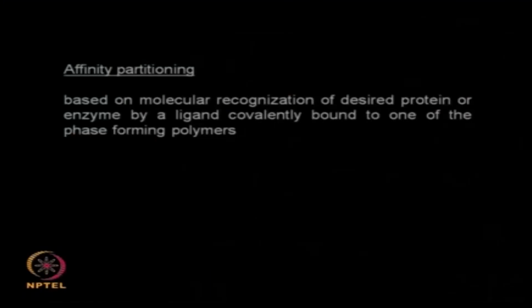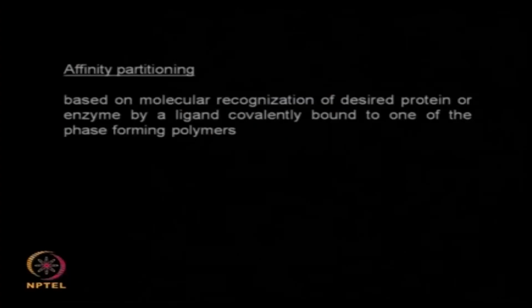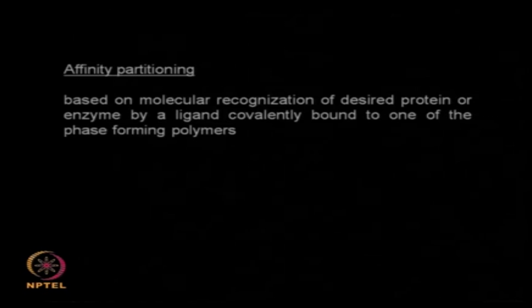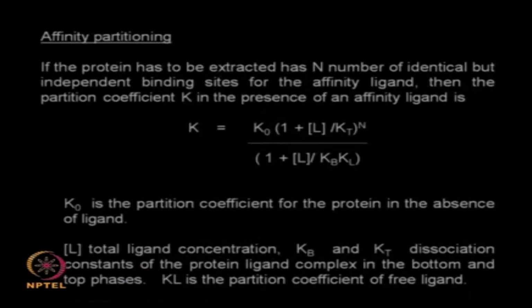So how do you keep the ligands in your solution? One of the polymers you are using, a biopolymer, can have the ligand covalently bound to it, so that you can later reuse the whole system again and again.